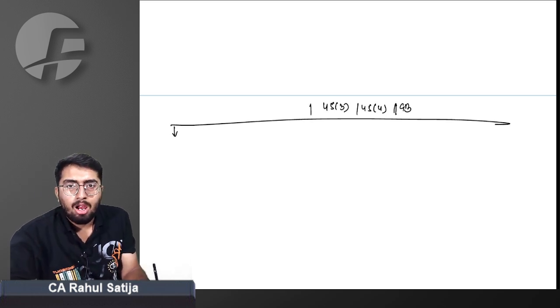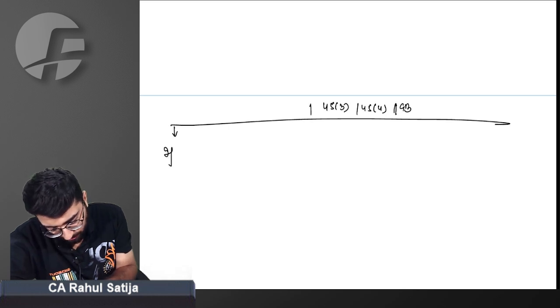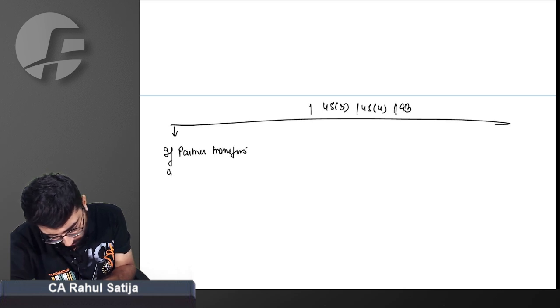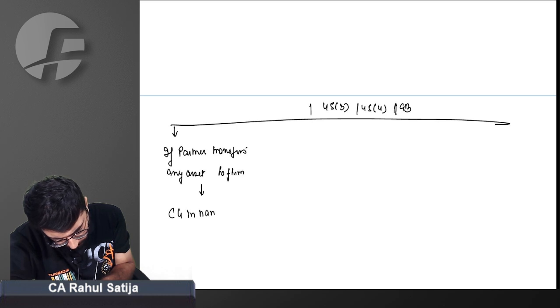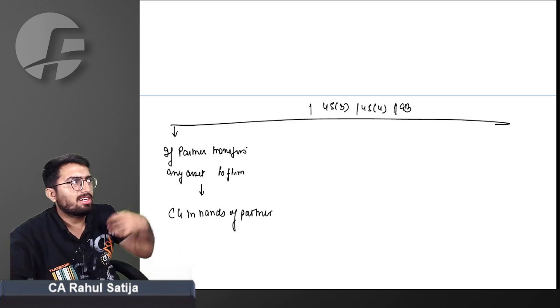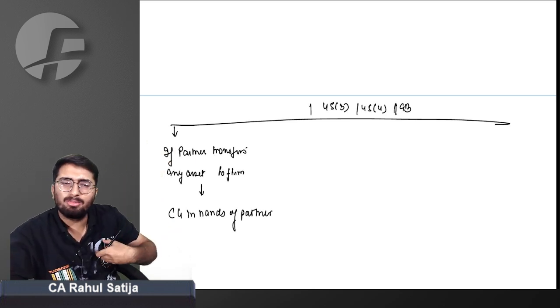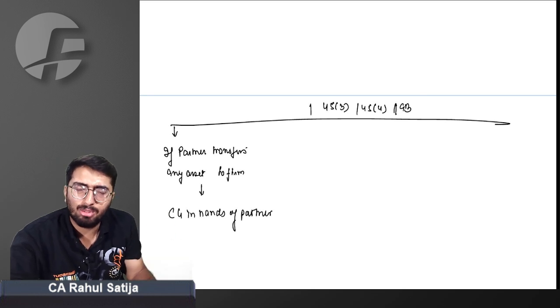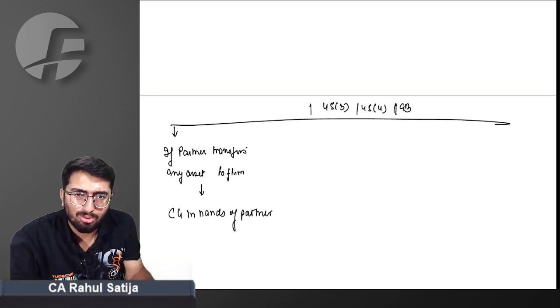If a partner transfers any asset to a firm, capital gain arises in the hands of the partner. If I am a partner in a partnership firm and I transfer any asset to the partnership firm, it is bound to happen that capital gain will be applicable in my hands.